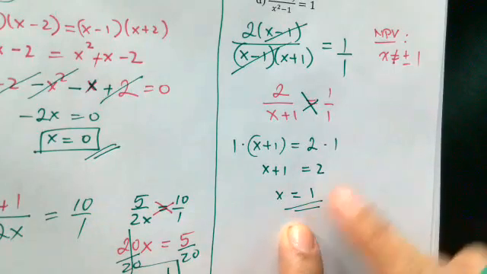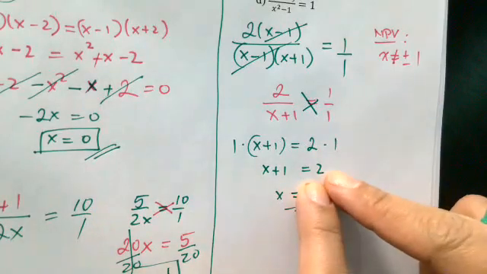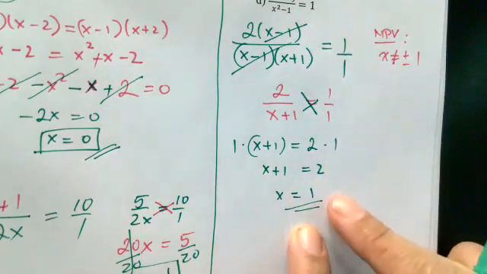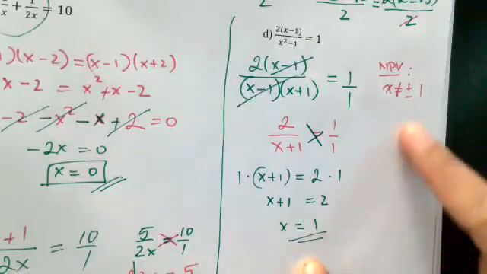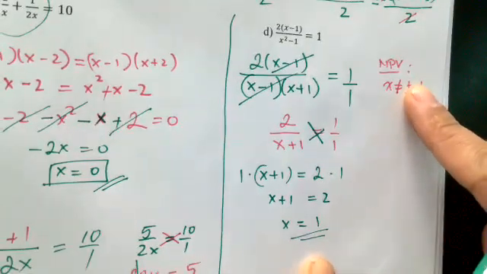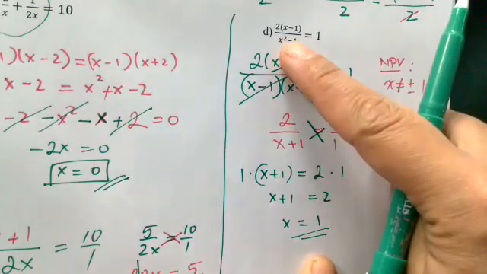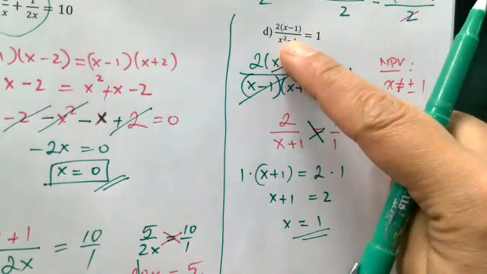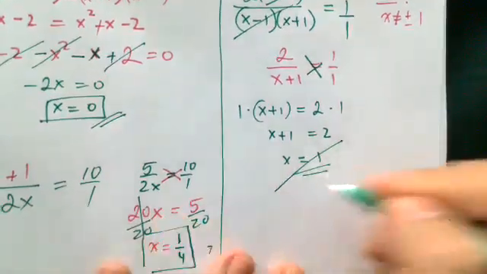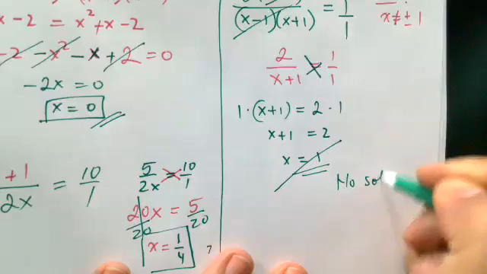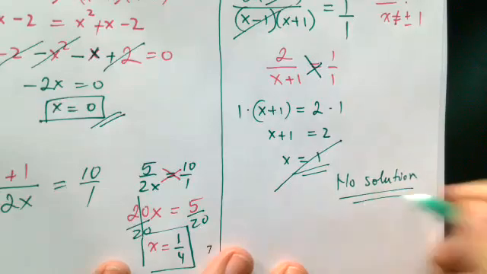Now, this is a solution to x plus 1 equals 2, because that's what our rational equation became, right? But it's not the solution to the original rational equation, because I cannot have x equals 1. If I plug that in, I'm going to end up dividing by 0. Not possible, okay? So not a solution, that means no solution for this situation.